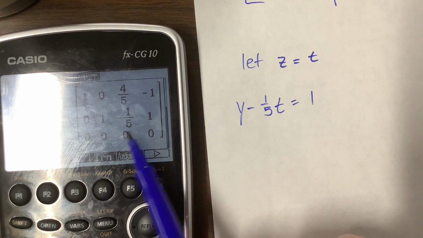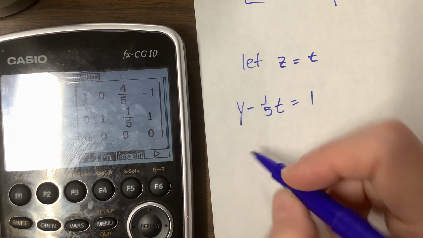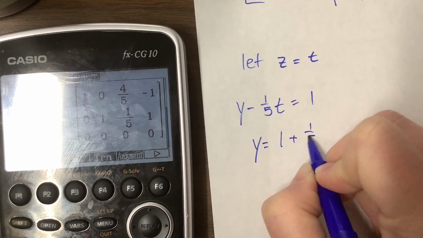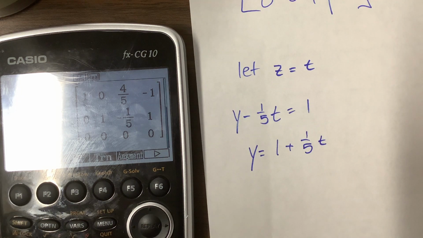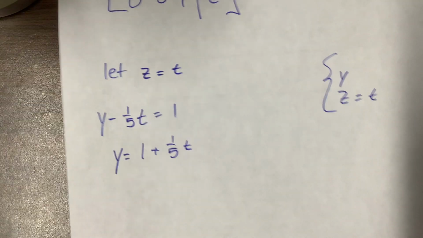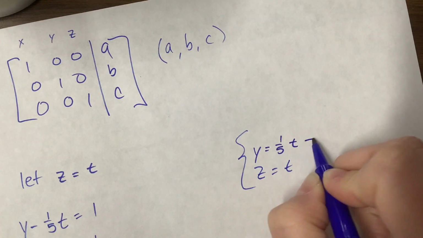Y minus 1/5 z equals 1. So my z equals t. I'm going to substitute that in, and so y is equal to 1 plus 1/5 t. Or I could say y is equal to 1/5 t plus 1.